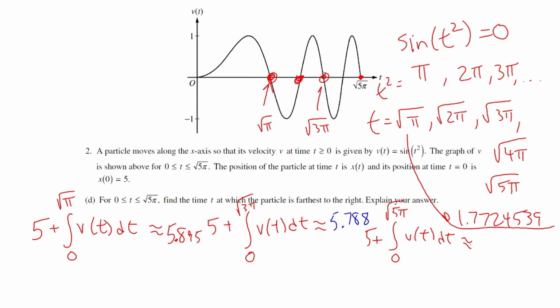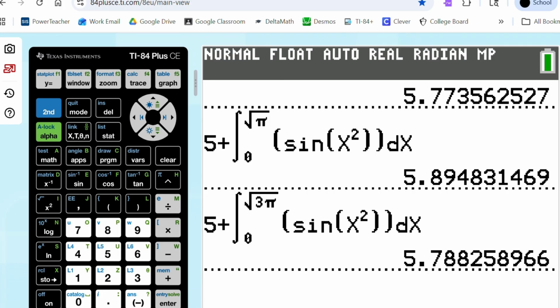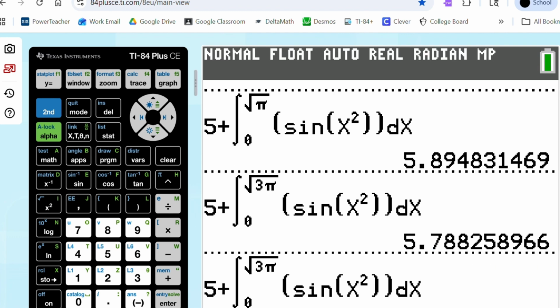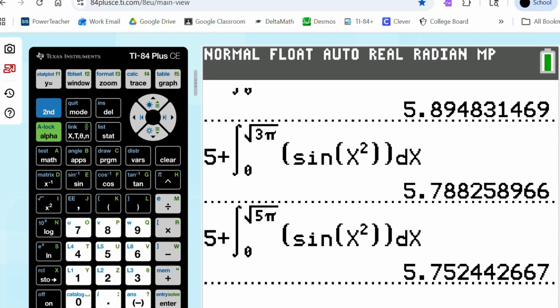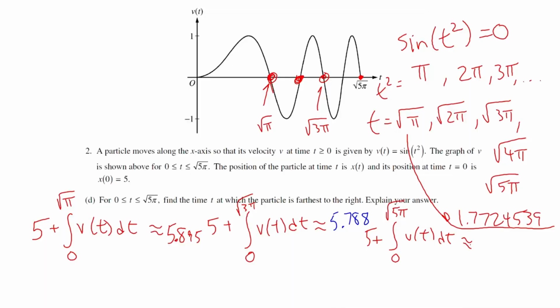So we can already see that the value at root pi was more. And then we'll do the same thing with the last one, except instead of 3 pi, we're just going to use 5 pi. And it gives us 5.752.